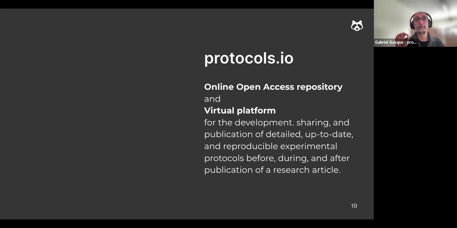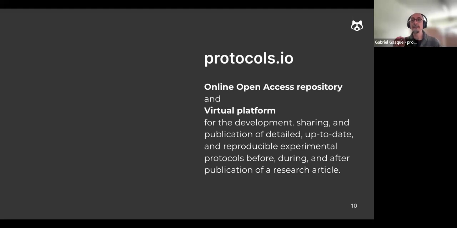And this is where protocols.io comes in, because protocols.io is an online open access repository and a platform for authors to create, share, and publish dynamic, interactive, versionable, and detailed protocols before, during, and after publication of a research article.